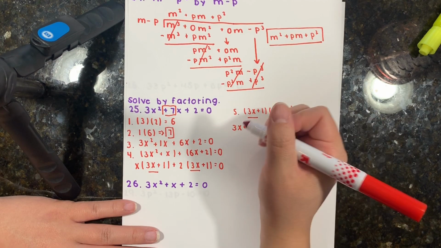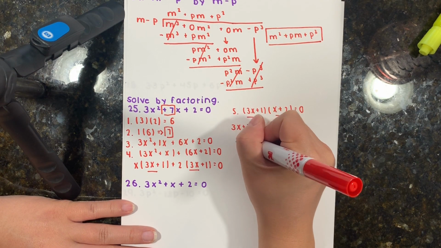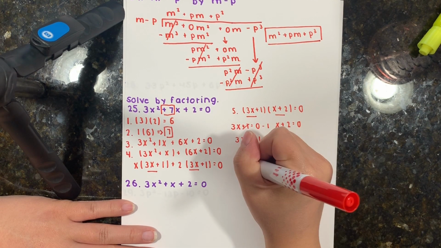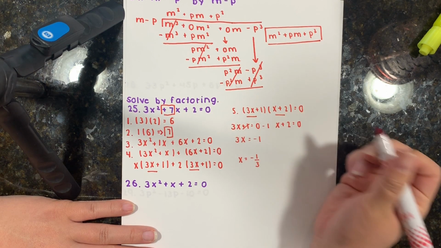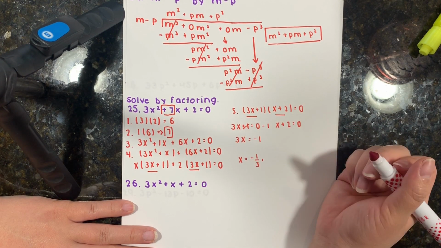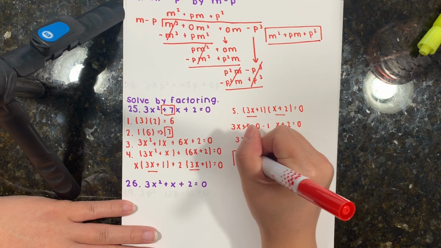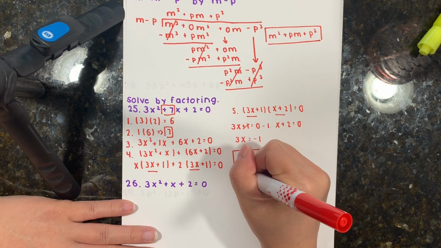So for the first one, when you move the 1, it becomes -1. So you have 3x is equal to -1, which means that your first answer is going to be -1/3. For your second answer, when you move the 2 to the other side, you get -2. Your result is x is equal to -1/3 and -2.